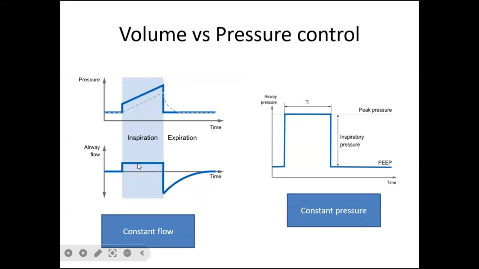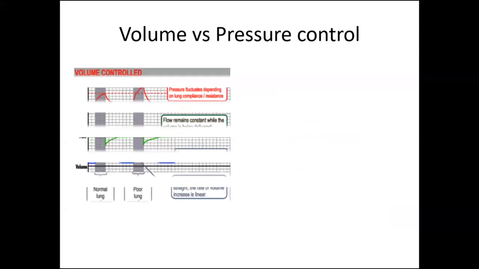So in volume control, flow is constant, volume is varying. In pressure control, pressure is constant. So just see which is the horizontal one. The more horizontal one is the constant one. So if flow is constant, that is volume control. If pressure is constant, that is pressure control.